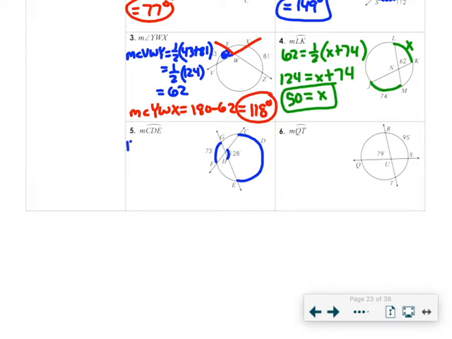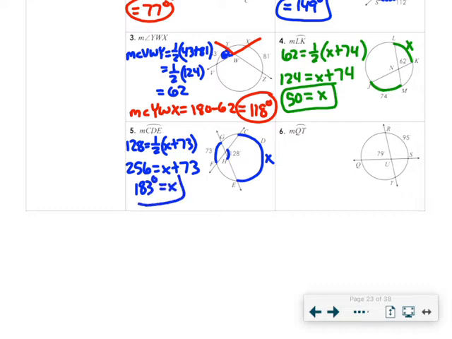We know that 128 is the inside angle. That's equal to 1/2 of the arcs added together. So let's call this X again, X plus 73. When you double both sides again, we get 256 equal to X plus 73. And subtract 73, we get 183 degrees for X. If you get a big number like that, make sure it makes sense. This is the arc we're looking at. It looks like it's more than half the circle, so 183 seems reasonable.